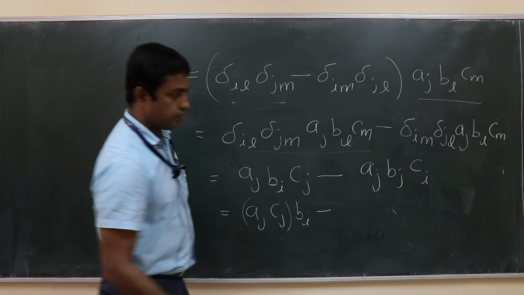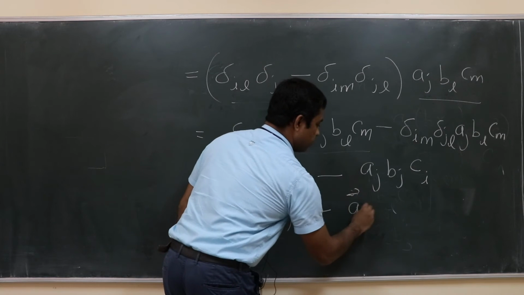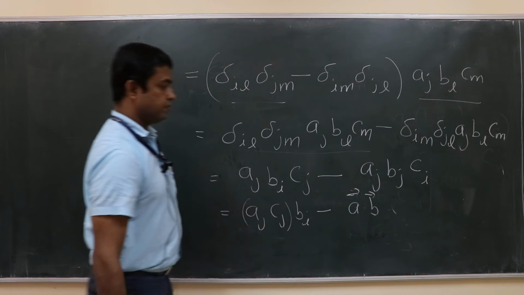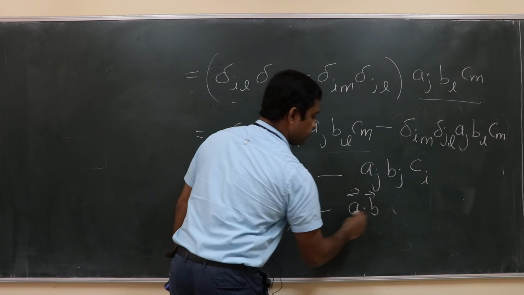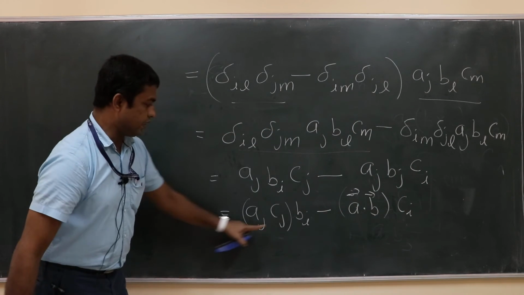A dot B. Dot product. Yeah, AJ, BJ is A dot B. Okay. CI. What is AJ, CJ?